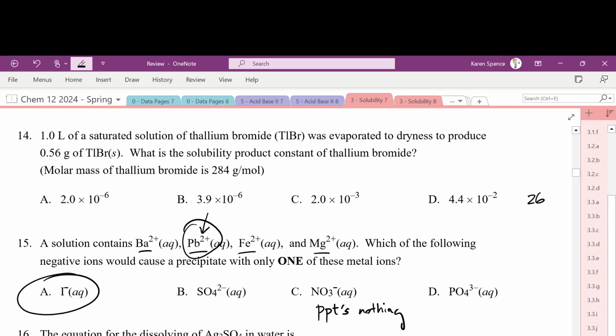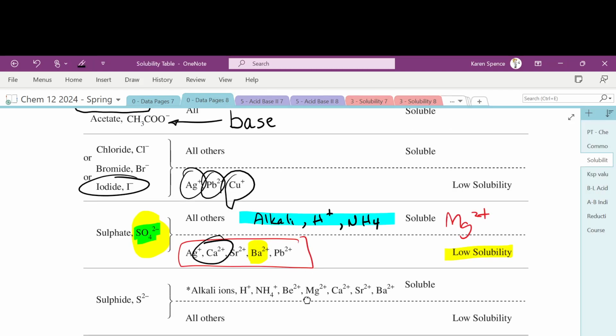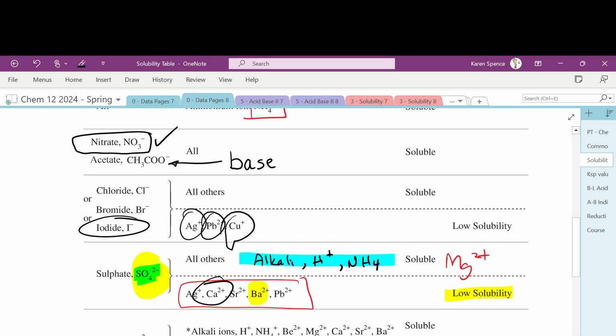And phosphate precipitates almost everything, except for alkali ions, and none of these are alkalis. The only other one is sulfate, and I think it precipitates both the barium and the lead, but let's double check. Yeah, barium and lead are both precipitated by sulfate.